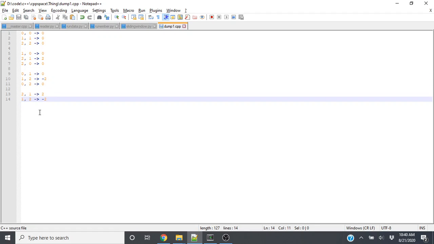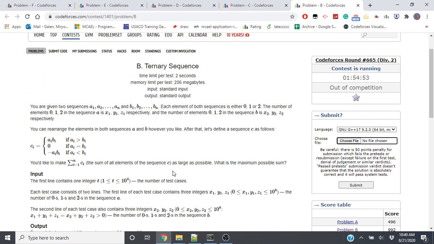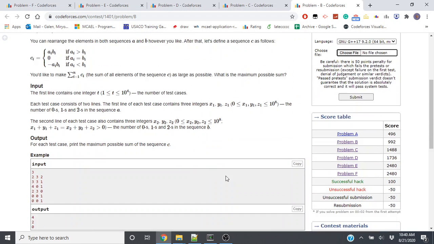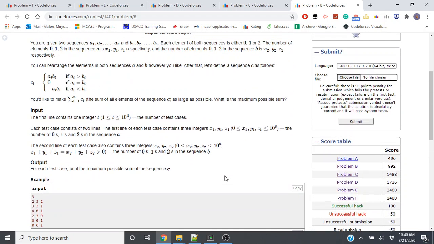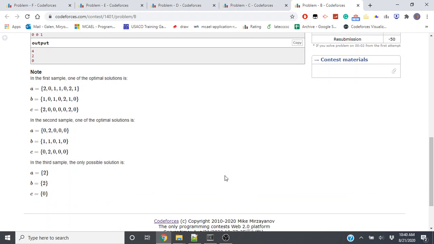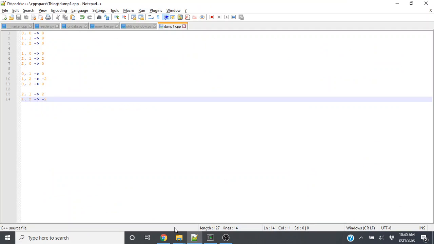So we want to maximize the number of these and minimize the number of these. And how do we do that exactly? How do we do that?